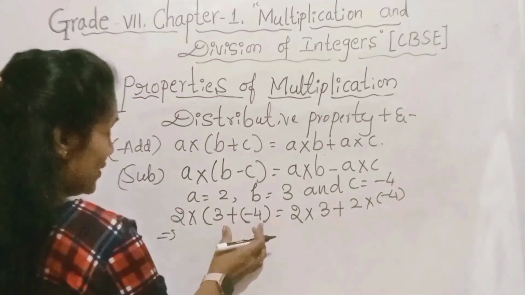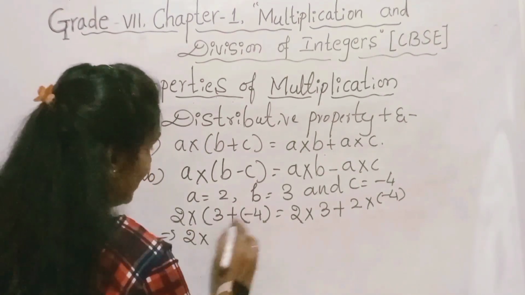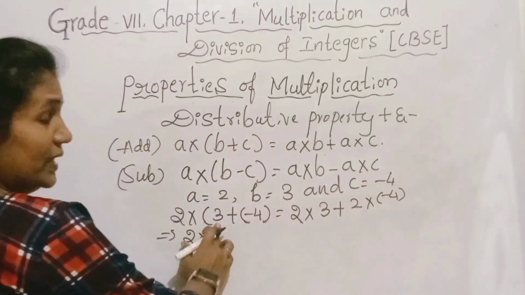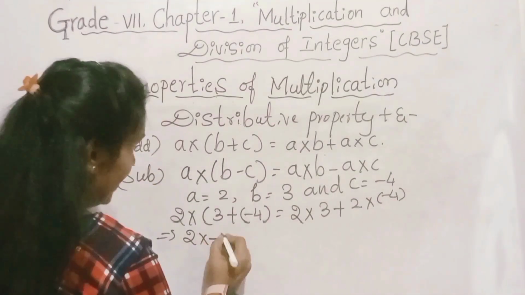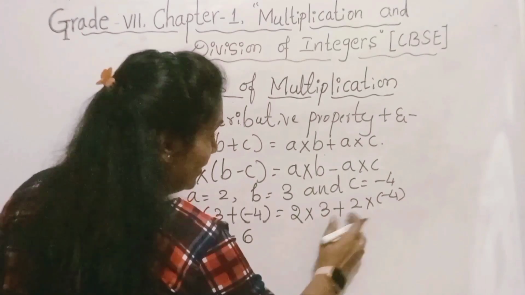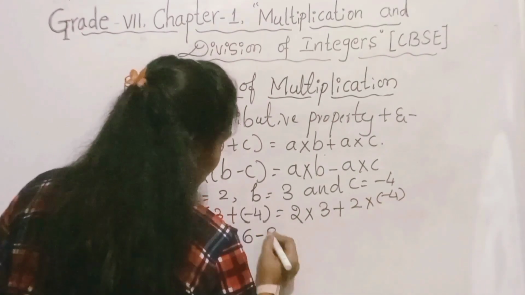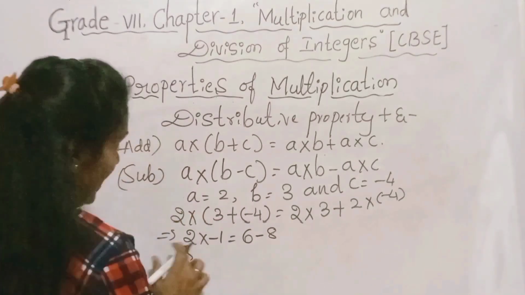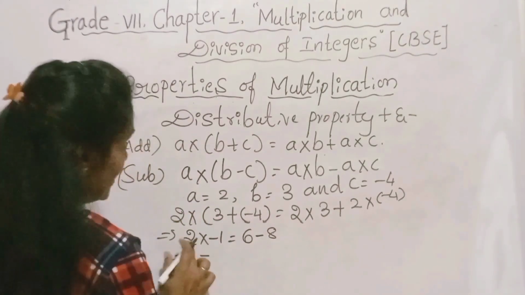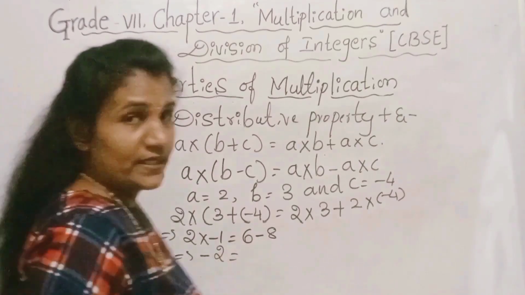Here, first open this: 2 into plus into minus, plus into minus minus. So, 3 minus 4, that is minus 1, which is equal to 2 3s are 6 plus here, plus into minus minus, 4 2s are 8, which implies minus 2 1s are 2, is equal to plus 6 minus 8.